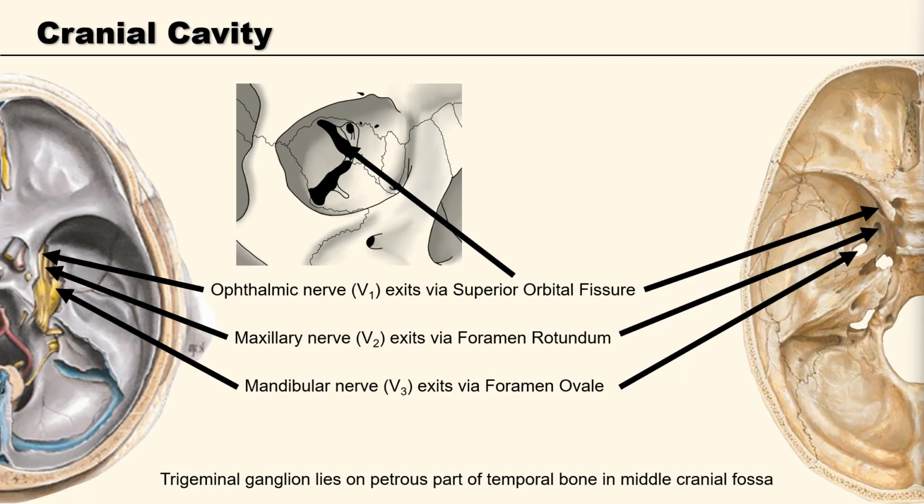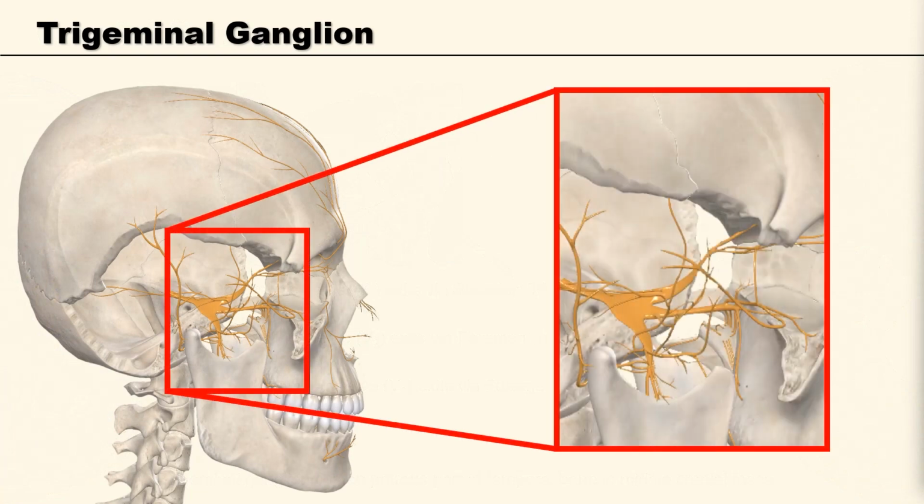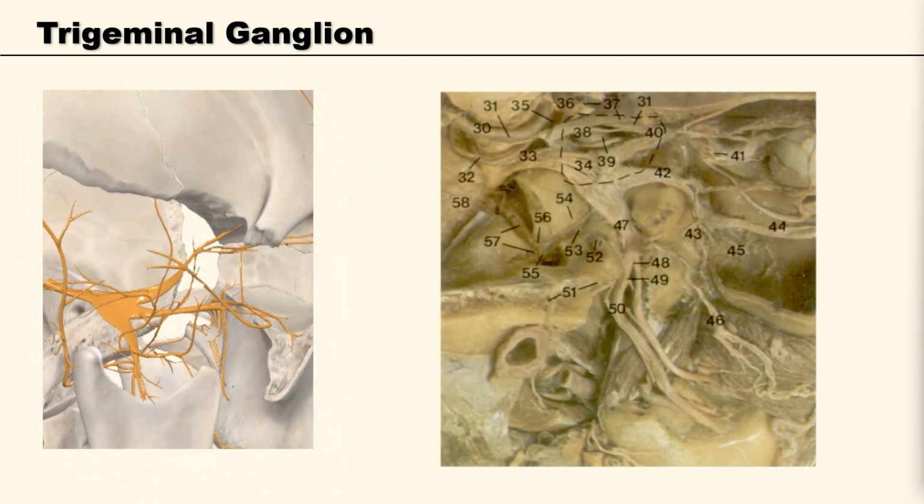So let's go and have a look at what it looks like in a real specimen. But first, let's orient ourselves before I bring out the cadaveric image. We are going to be zooming in on this. Over to the right, you can see the eyeball and some of the bones surrounding the orbit that have been removed.